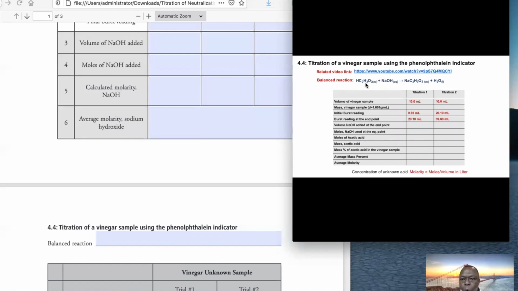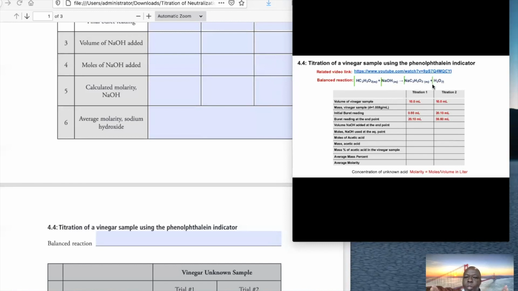And this equation, look at my cursor. This equation, acetic acid reacting with NaOH to produce sodium acetate and H2O, don't ignore the fact that the mole ratio, let me use a different color here, is 1 to 1 to 1. We care less about the product side.